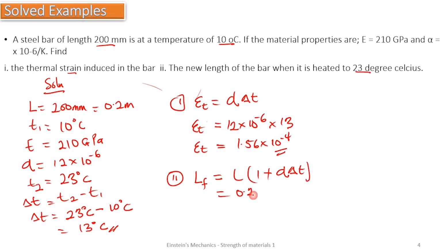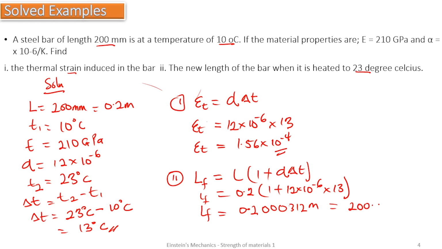So 0.2 meters, 1 plus the expansivity, 12 times 10 to the power negative 6, and the change in temperature, 13. So my final length is going to be 0.2000312 meters, which is approximately 200.0312 millimeters. So this will be the final length.